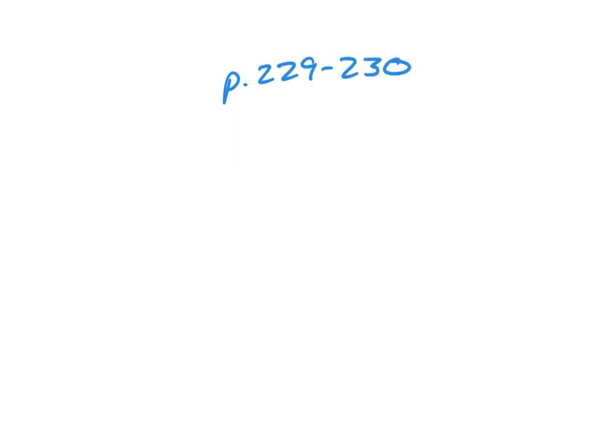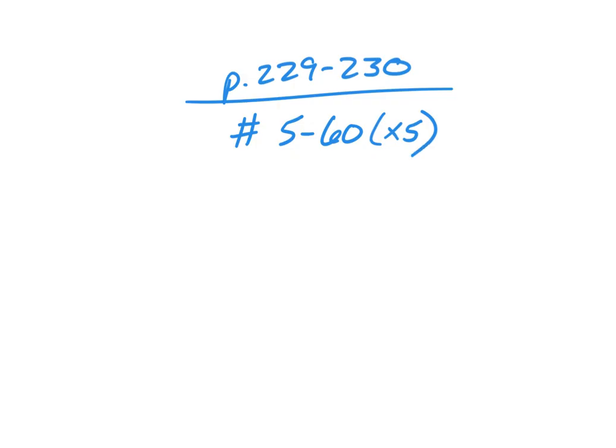Assignment for today, going every 5. 5 through 30 are equations, like the first half of the problems are equations, and then starting at 35, you get into some of your inequalities.